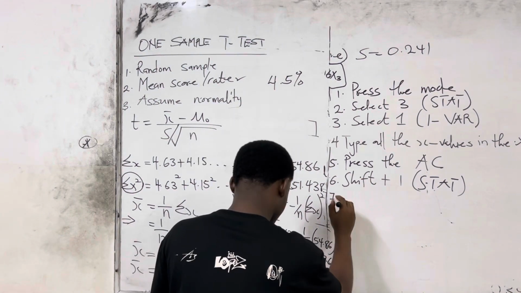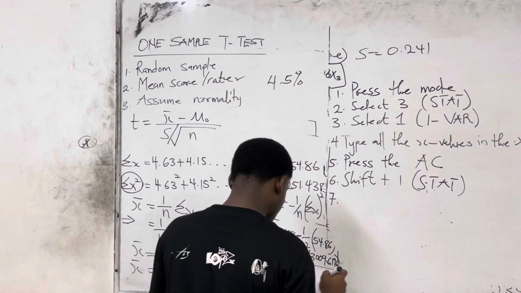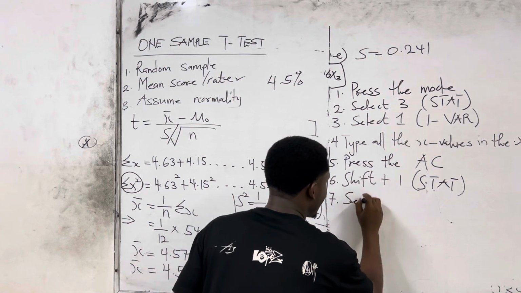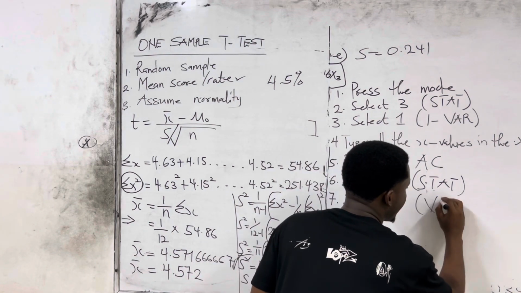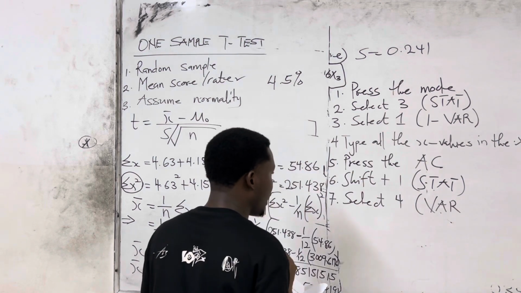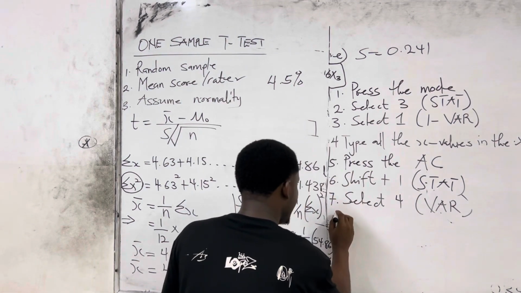Then the first step is select 4, which is also the var, the VAR. And then 8.